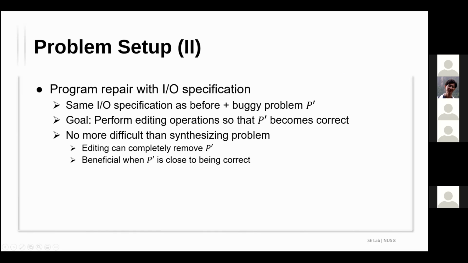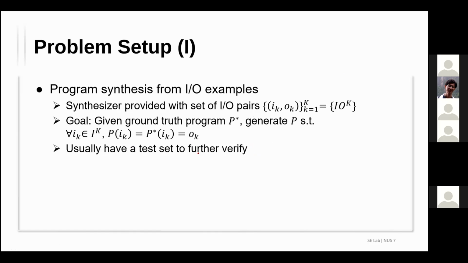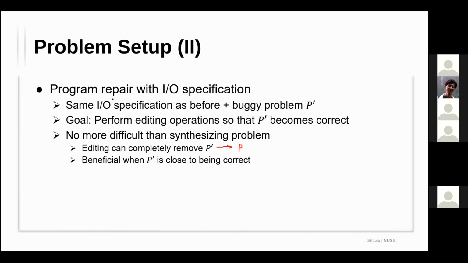Yeah, because here I'm trying to edit P prime such that it's as close as possible to a valid output P. So it's possible that during this editing, I might remove all the lines of code in P prime and just rewrite a whole P. So it's possible that I go back to the program synthesis problem.